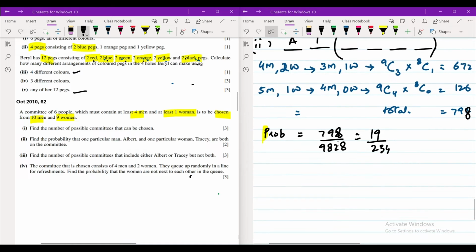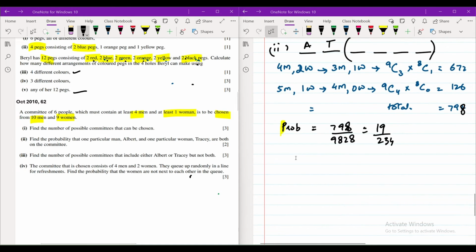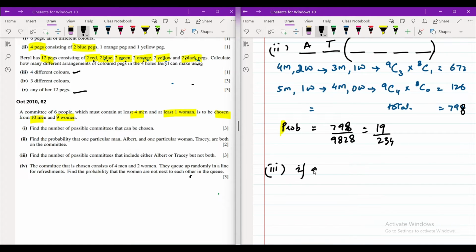Okay, so now again, we have a complication over here. So now if we include Albert, if Albert is on the team, this means that Tracy cannot be there. So that means I have Albert, so 1, 2, 3, 4, 5 less, right?